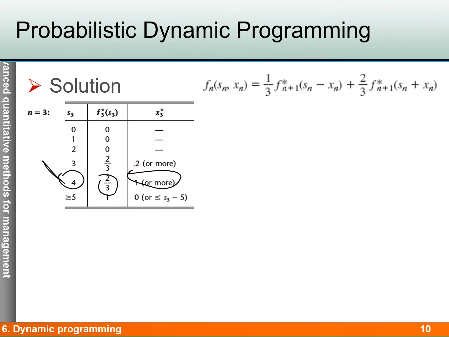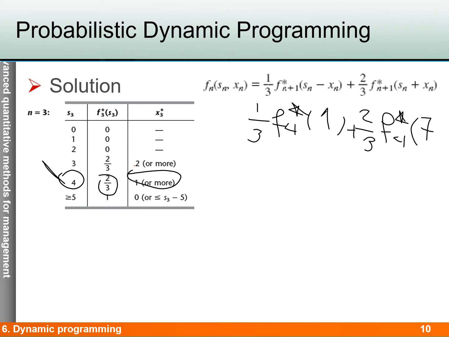For example, I will check with 3. It's 1/3 if 4 star of Sn is 4 and Xn in this case is 1. Sorry, so 4 minus 3 is 1. So 2/3 of F4 star of 3 plus 4 is 7.